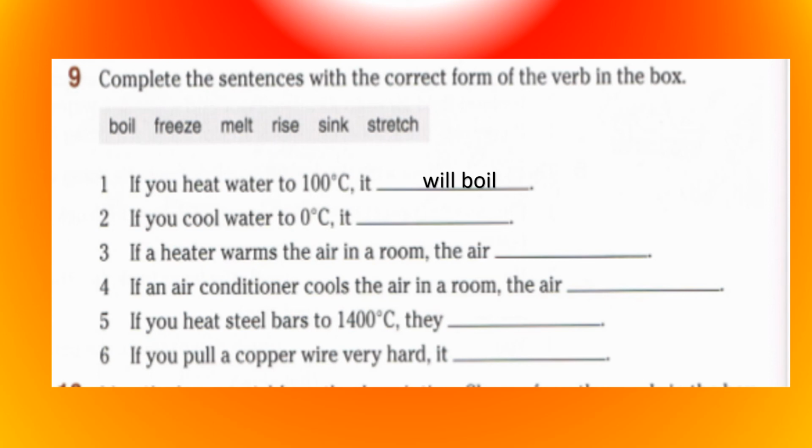Okay, now after pausing the video and replaying it, let's see what the answers are for the rest of the questions. Number 2, if you cool water to 0 degrees centigrade, it will freeze. 3, if a heater warms the air in a room, the air will rise. 4, if an air conditioner cools the air in a room, the air will sink.